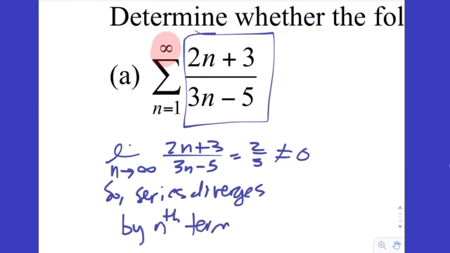If these things show up on a free response, it's going to be like one part of a free response question, like part B or part C. And you will have to go ahead and give the evidence and name the test. Okay, but the nth term test typically is not one of them. There are some tests that show up more frequently than others on the free response.